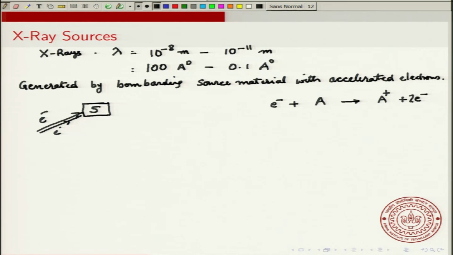Now if these electrons are very high energy, then the electron that is taken out from this atom A is a core electron. In other words, this A plus is missing a core electron, meaning not from the valence shell, but one of the inner shells.